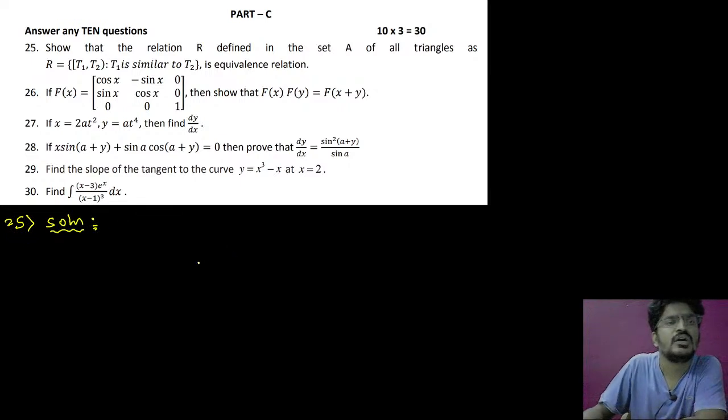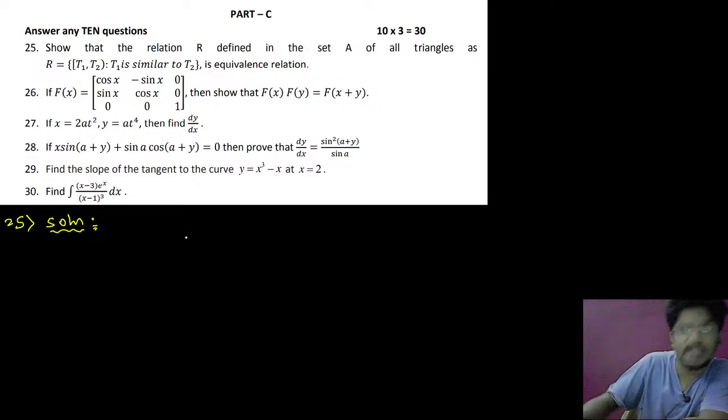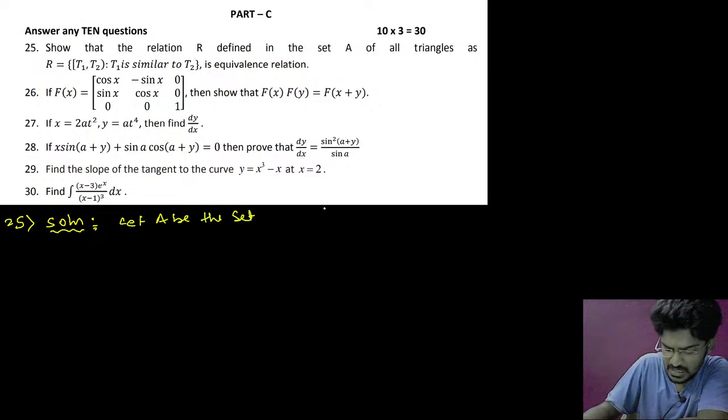See here, the relation R is defined in the set A of all triangles. That means let A be the set of all triangles.